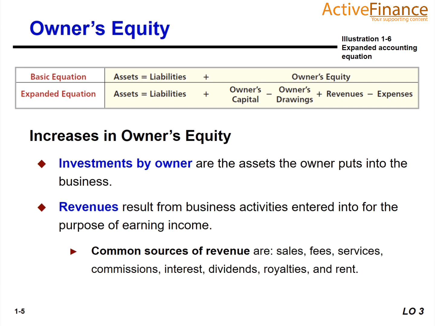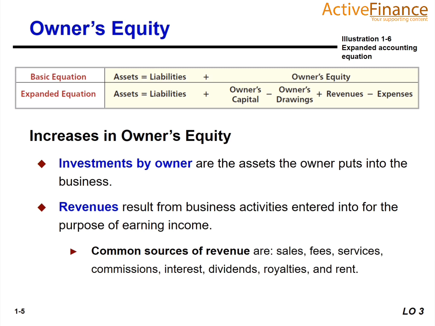Owner's capital is the amount invested by the owner, minus the owner's drawings which he or she withdraws for personal use, plus revenue, the amount the company generates from its sales or business, and minus the expenses incurred in manufacturing or providing services.